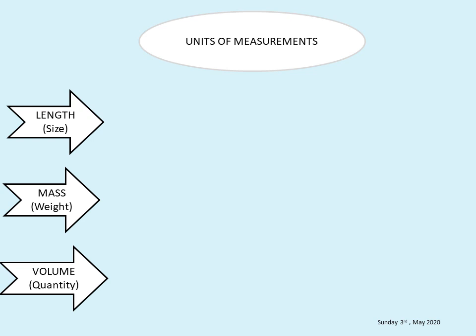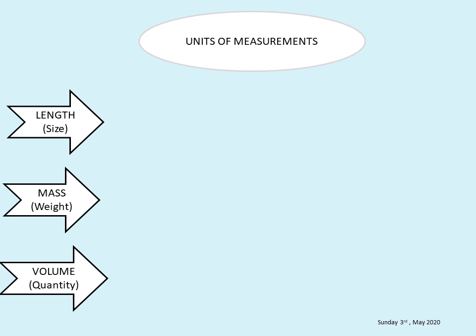Now I cannot say my pencil is 5 kilograms. Well, maybe I can say kilograms, but basically, what I'm trying to explain to you is there are some certain units we use for length. We have two particular units for mass, and we have two particular units for volume.